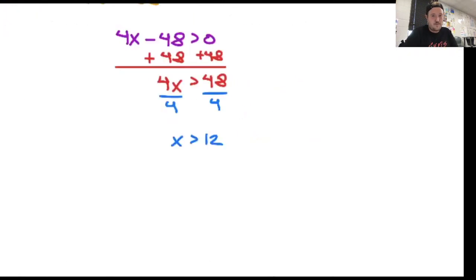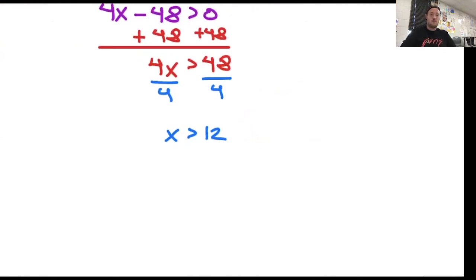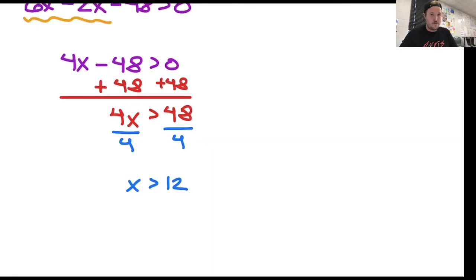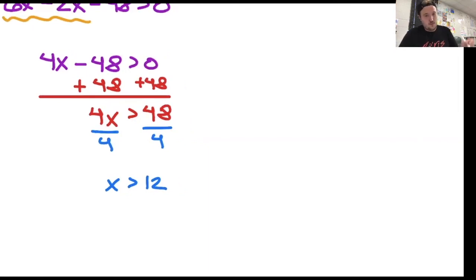So here's the thing. You want to sell greater than 12. Can you sell 12 paintings and get a profit? No, because you cannot be equal to 12. So because I have to be strictly greater than 12, I'm going to plug in 13. So when I check, I'm going to do 4 times 13 minus 48.